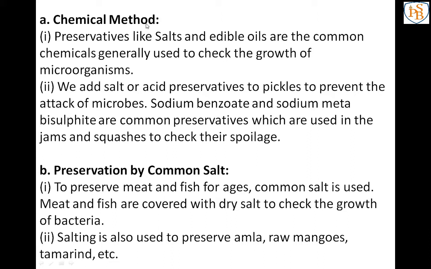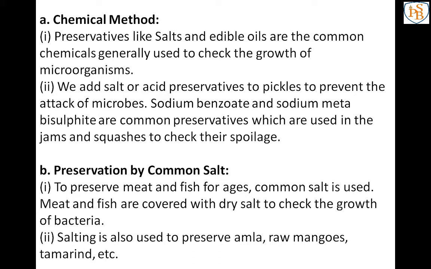In this chemical method we use salt or edible oils, and those are the preservatives. How they preserve the food we will learn one by one, but the main point is that the preservatives we use are chemicals, and that's why the method is called the chemical method.